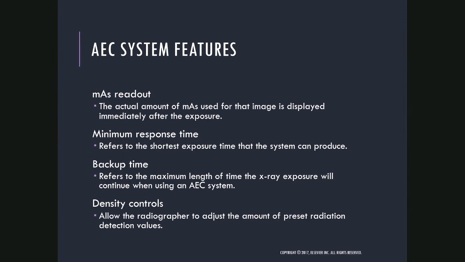I like to use my mAs readout if I'm going to be setting techniques for some things. An example of this, I might use an AEC system to set my AP for my lumbar spine, because pretty much anybody, as long as they don't have some crazy deformed anatomy, you know where the spine is in an AP lumbar spine, right?